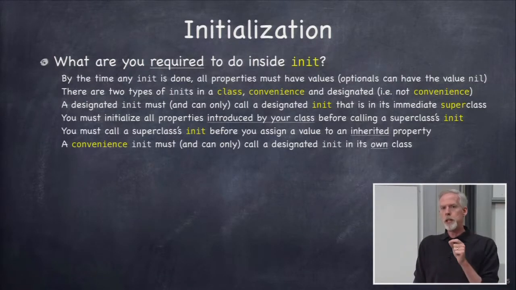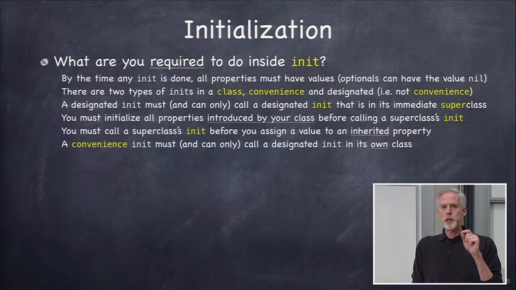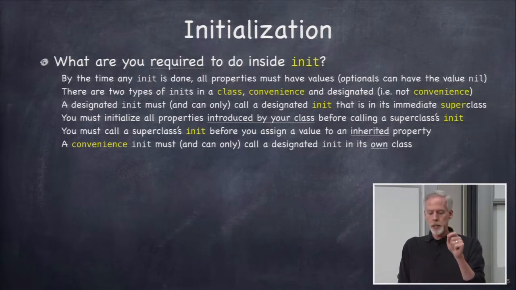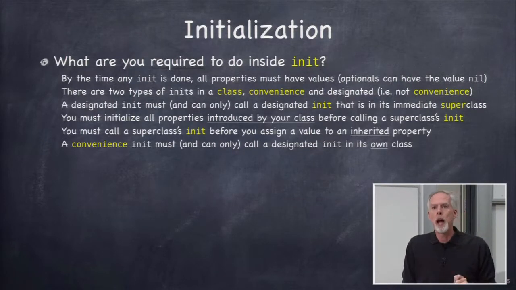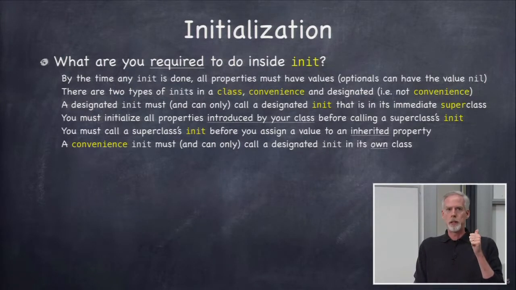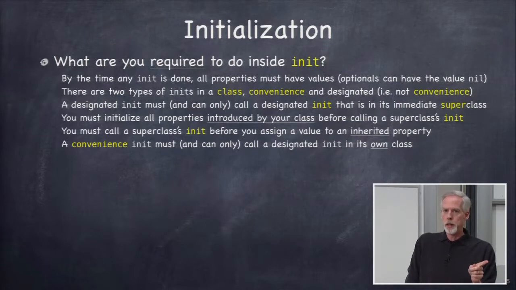Now a convenience initializer has different rules. First of all, a convenience initializer must and can only call a designated initializer in its own class. A convenience initializer cannot call super.init of any kind. It must call a designated initializer.